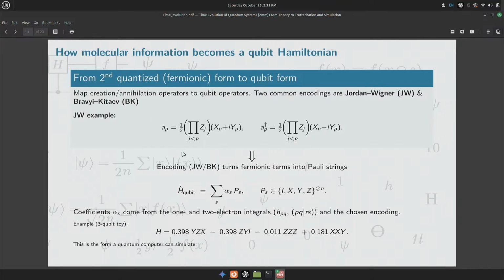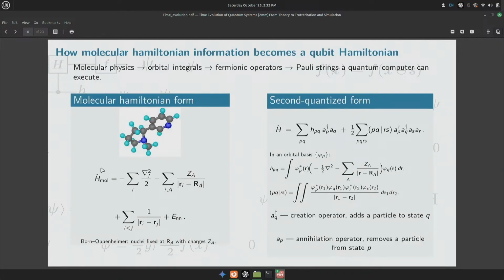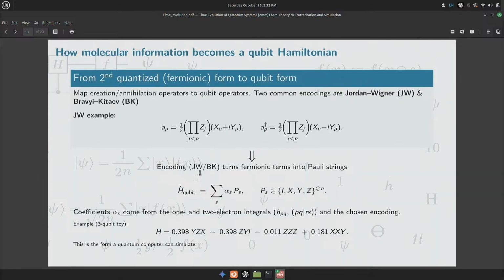Now, using a mapping, we ended up getting the Hamiltonian operator's equivalent form that a quantum computer can actually handle, which is nothing but in this form. So you see, I have applied some kind of logic or some kind of way of thinking, so that from this molecular Hamiltonian, I came to this qubit Hamiltonian without losing any information.